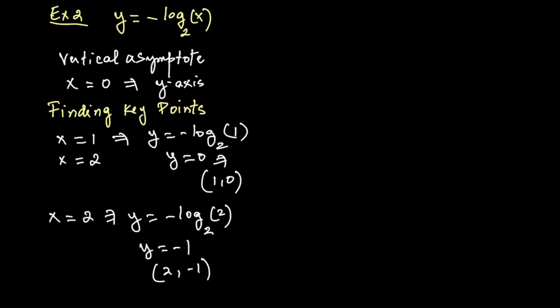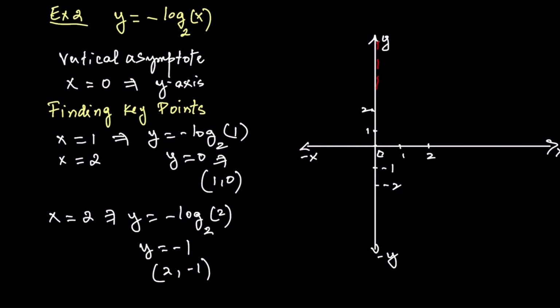Let's do the graph. First, draw the vertical asymptote x equals 0, which is the y-axis. Plot the 2 points. The graph starts in quadrant 1 and moves into quadrant 4. Now let's describe the overall behavior. The domain is (0, infinity).